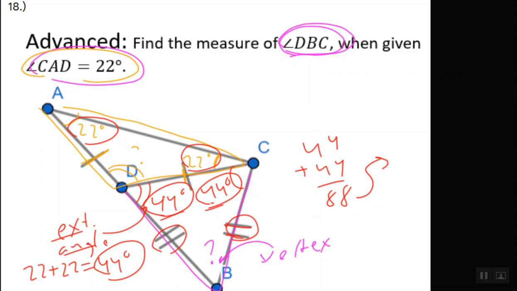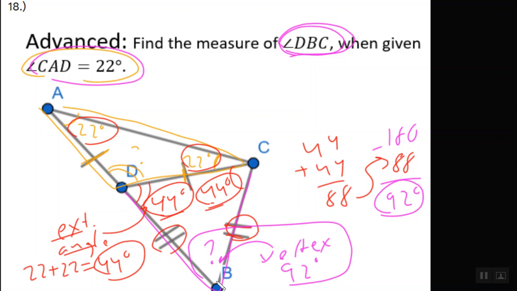And to find the remaining angle of any triangle, we'll always do 88 subtracted from 180, which in this case would be 92 degrees. And so our vertex angle here, our missing angle DBC, is 92 degrees.